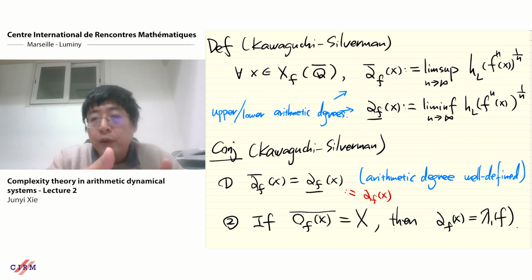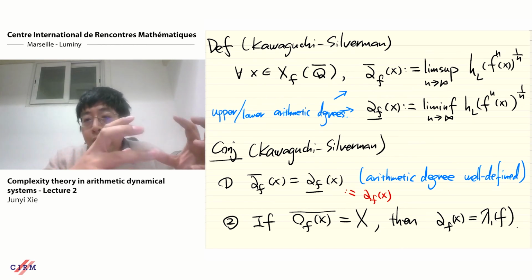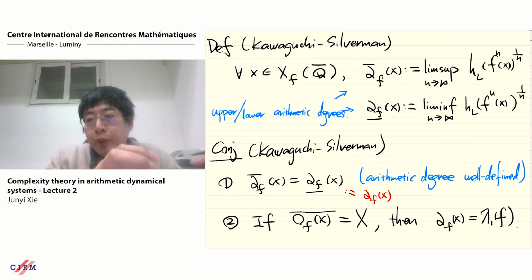But even if the orbit of x is not Zariski dense, then basically you can replace X by the Zariski closure of this orbit, and then you can still get some restriction of f on this Zariski closure, and you can also get some first dynamical degree.